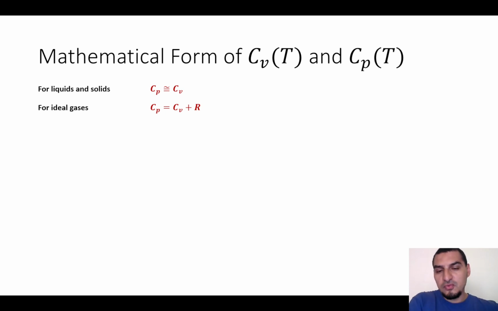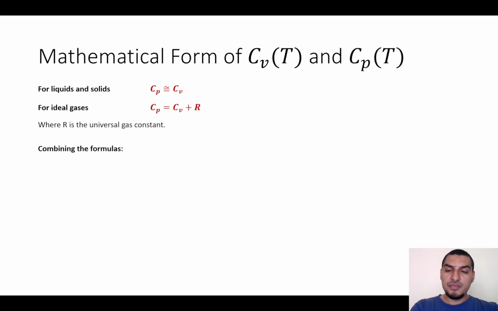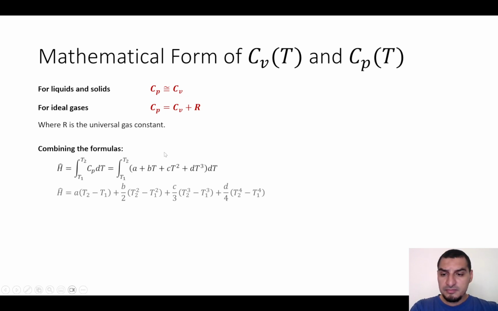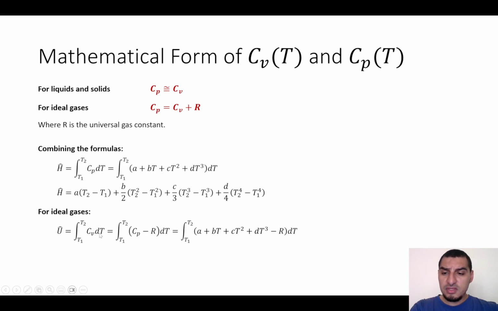You have to unify the units, of course. Make sure that the units that you're using are the same. Now, if we are calculating the enthalpy, this is the formula that we will be using. If we want to calculate the internal energy, then use the integration of Cv dT, and Cv equals Cp minus R, according to this relation. And this is how you're going to do the substitution.